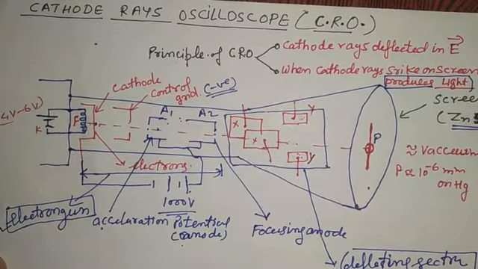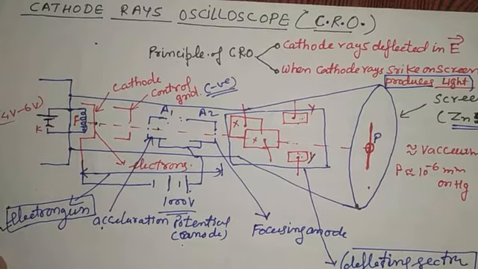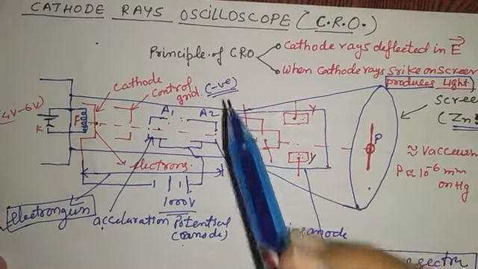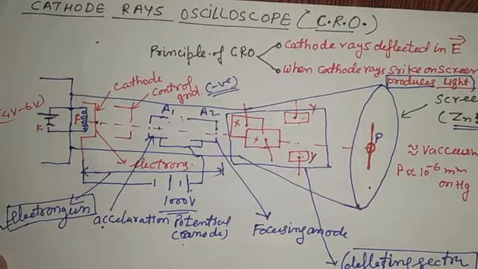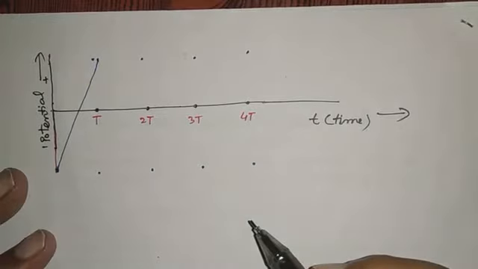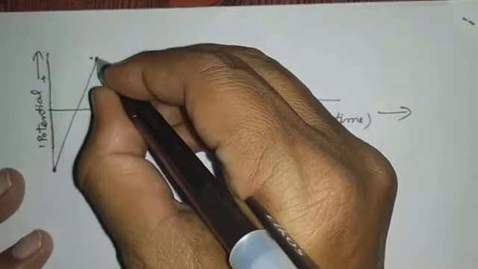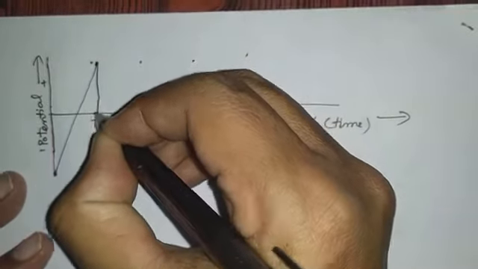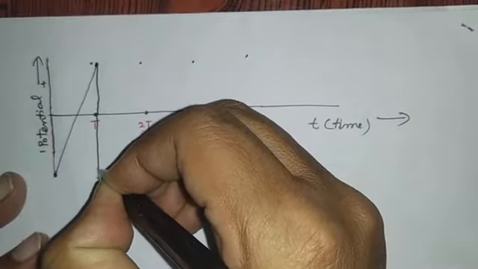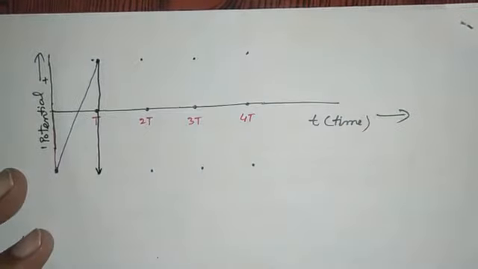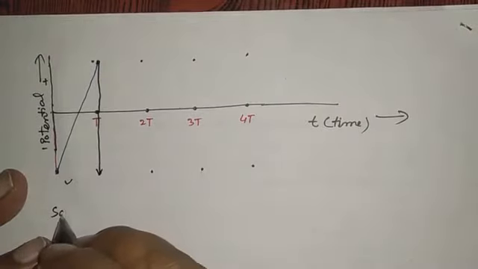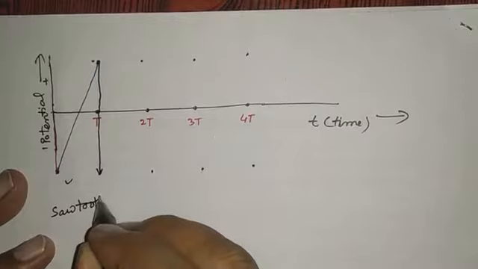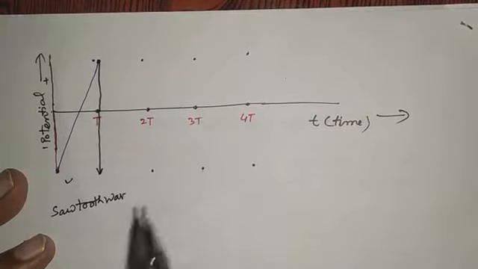This spatial varying potential is the time-base potential. As a result, there is a sudden fall in the potential, which can be seen here on the graph. This time-base potential suddenly comes down here, and this is called a sawtooth wave.